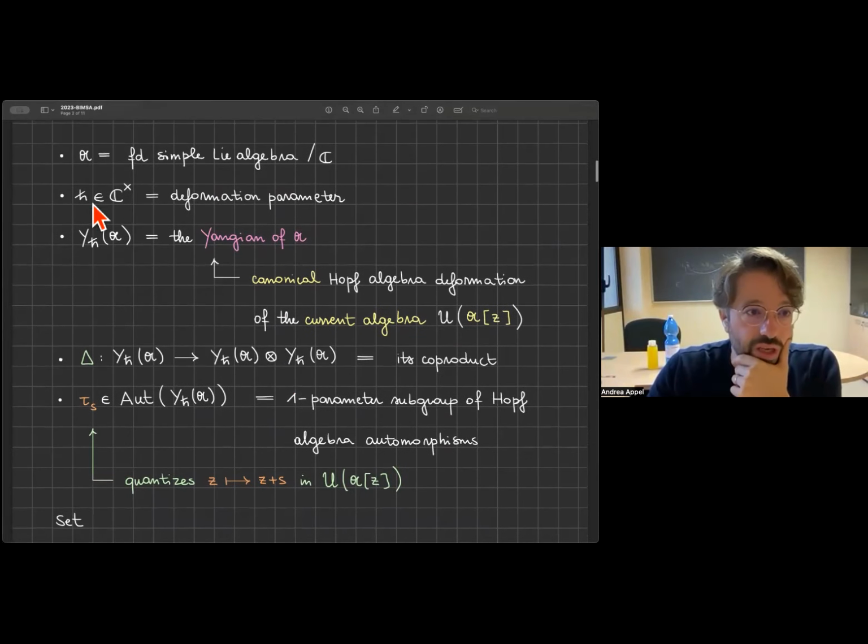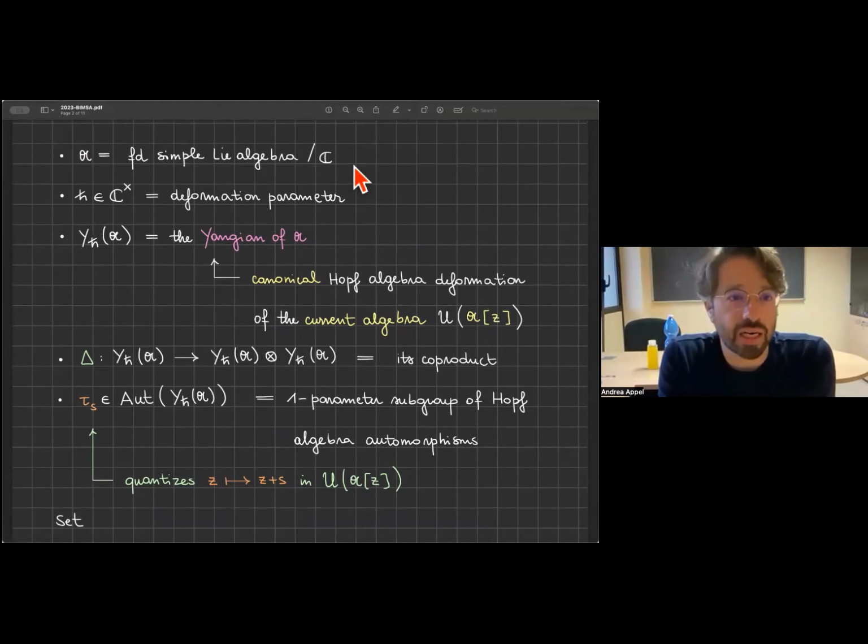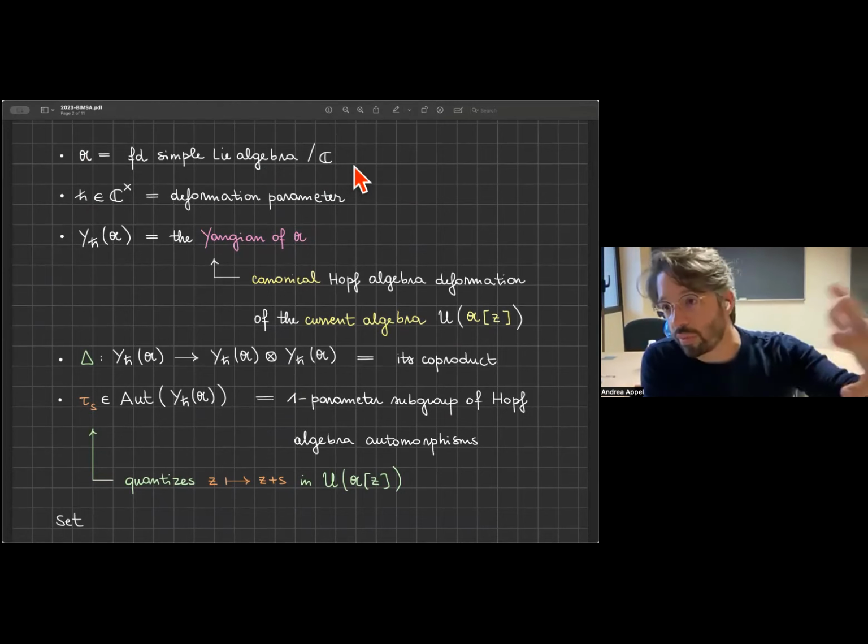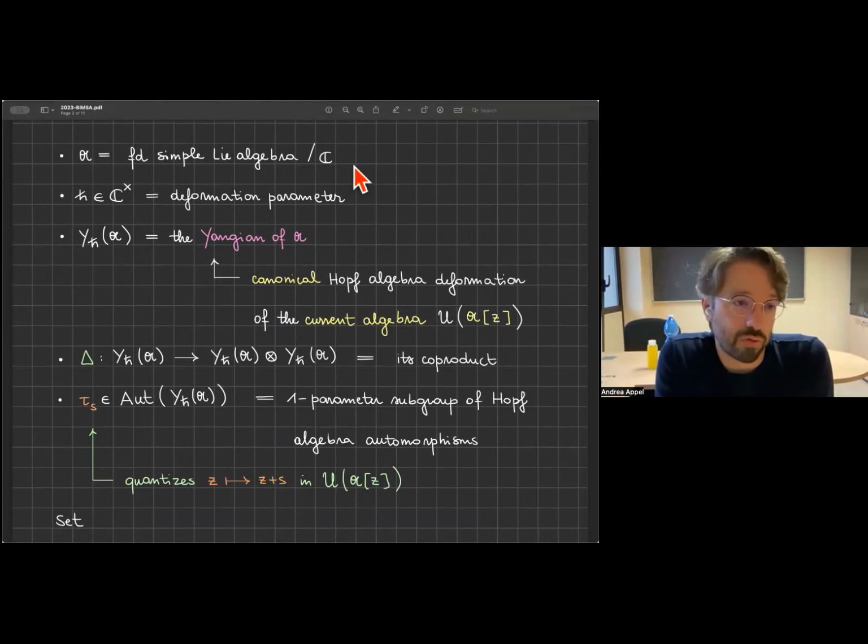We start with a being a finite dimensional complex simple Lie algebra for the moment, and h bar a numerical deformation parameter. As we will see, at least in this first part of the story, h bar can be either a formal deformation parameter, so everything can be thought to live over formal power series in h bar, or a numerical value.